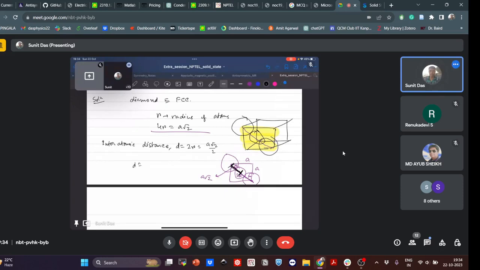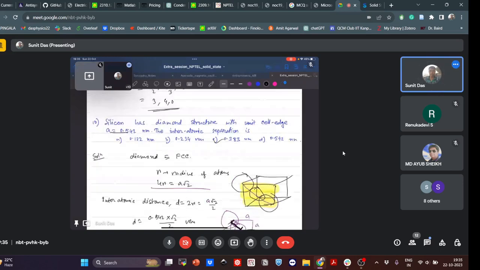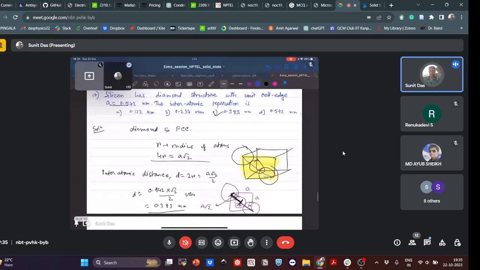So that means 0.542 into root 2 by 2 nanometer. It will be 0.383 nanometer. Okay, so this is the correct answer, C. Okay, so next question.